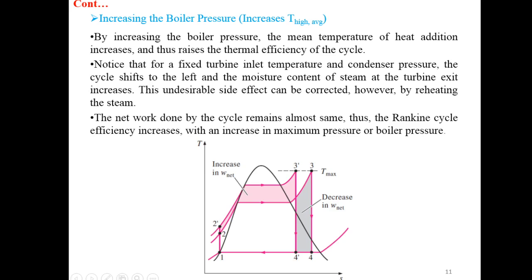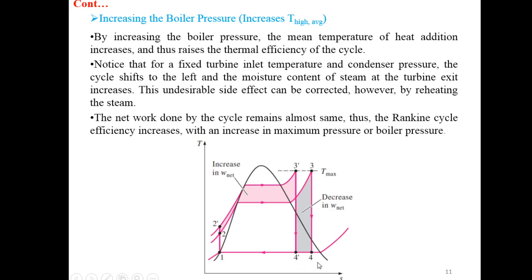This cycle shifts to the left. So you can see our previous cycle was 1, 2, 3, 4, and our new cycle is 1, 2 dash, 3 dash, 4 dash. So our cycle shifts towards left, and the moisture content of the steam at the turbine exit increases. You can see in the previous cycle the point 4 is here, and in this cycle the point 4 dash is here.